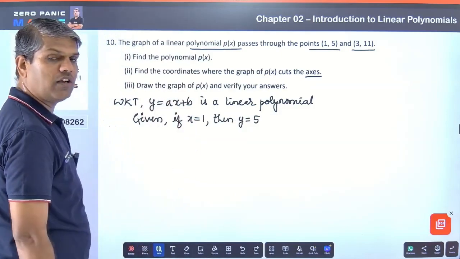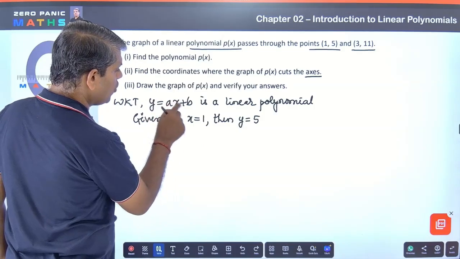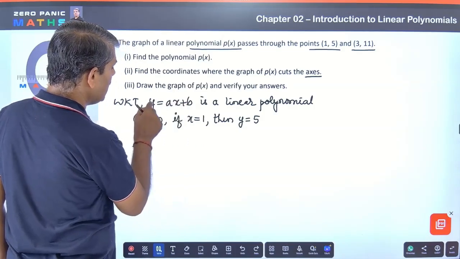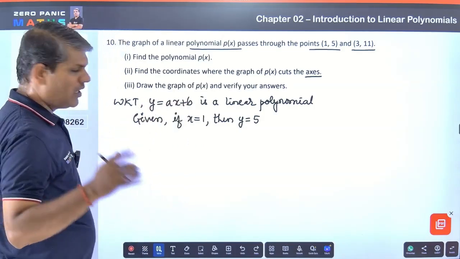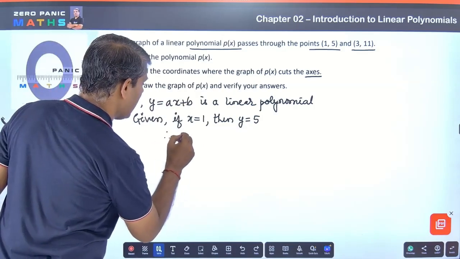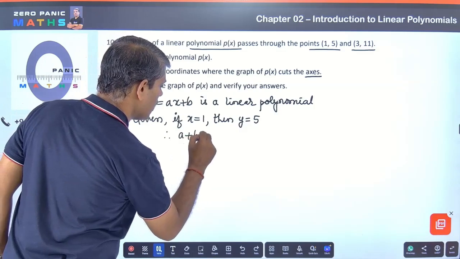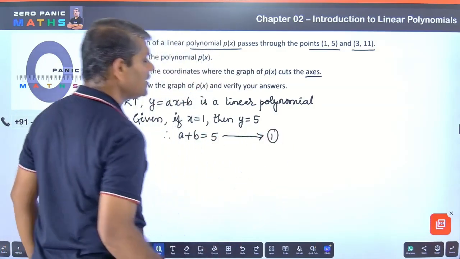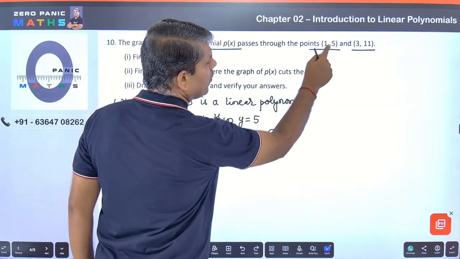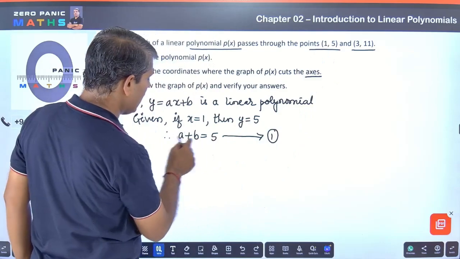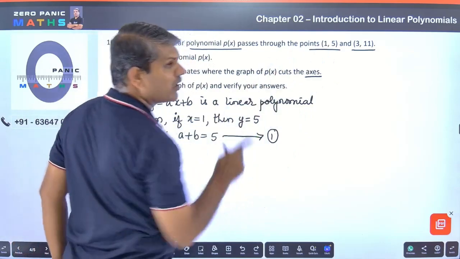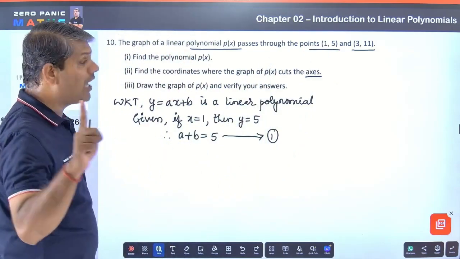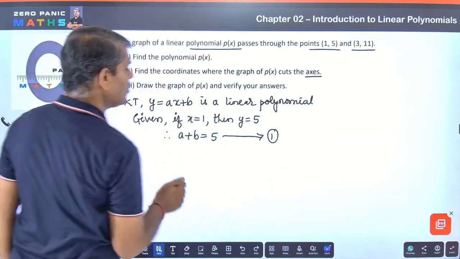It will be a into 1, that is a plus b is equal to 5. Is it not? So therefore I can say a plus b is equal to 5. This is equation 1. I have derived this from this coordinate, y is equal to 5, putting x is equal to 1. Understood this? Carefully do it for the second coordinate also.